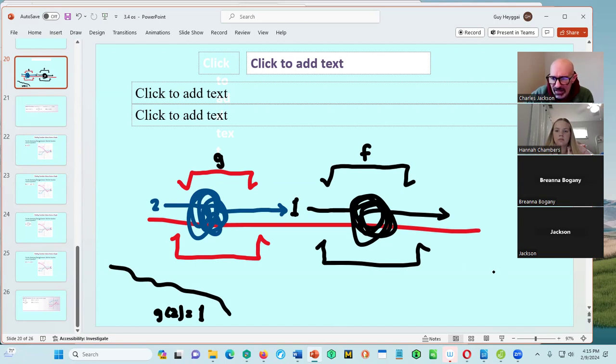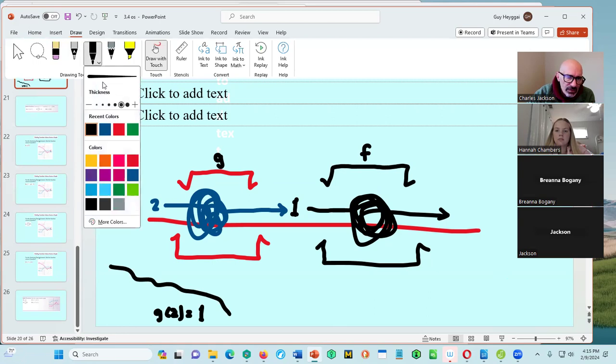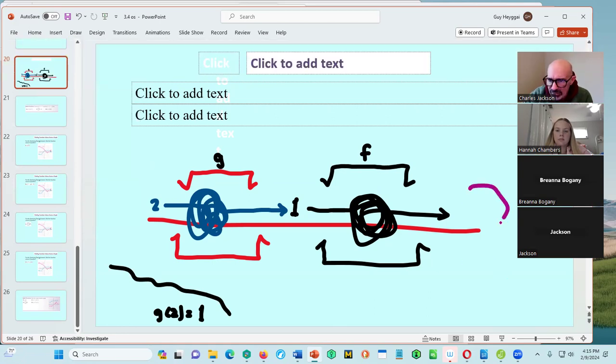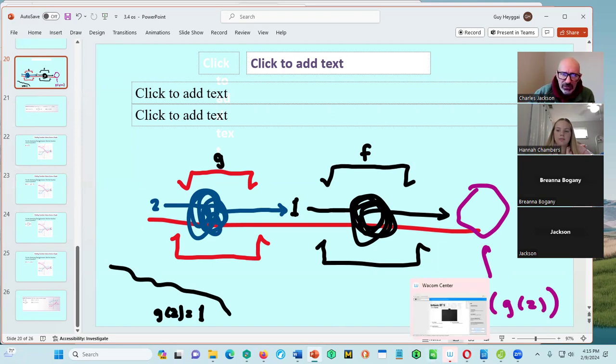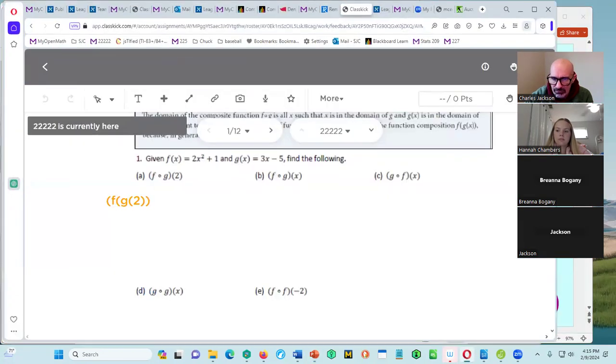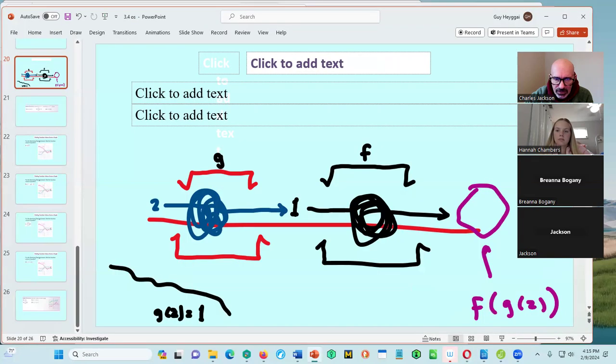And whatever number that is, whatever this is here, that is f composed with g of 2, whatever that number is. Let's say that that number is 3.